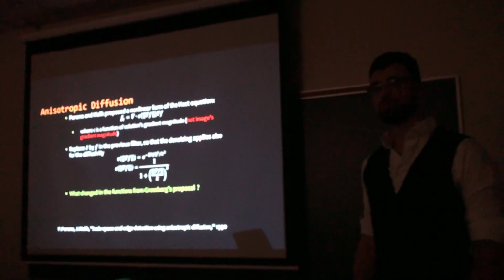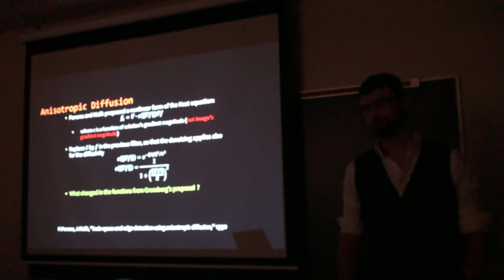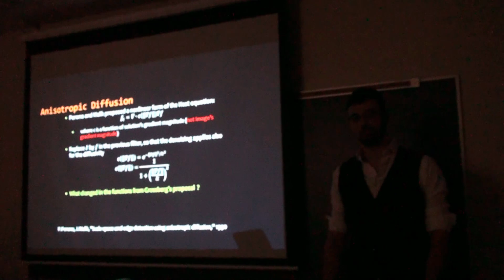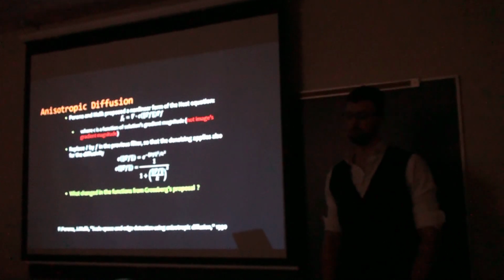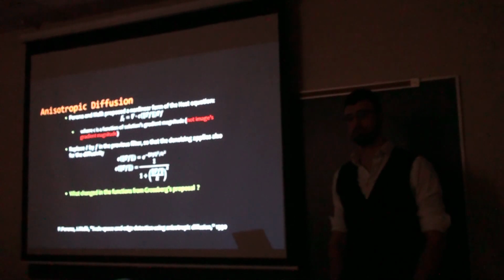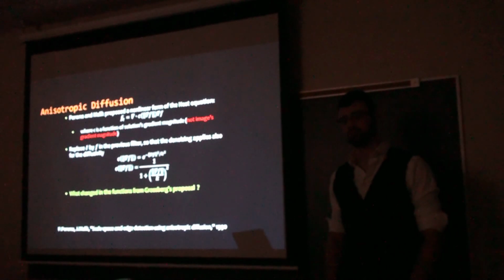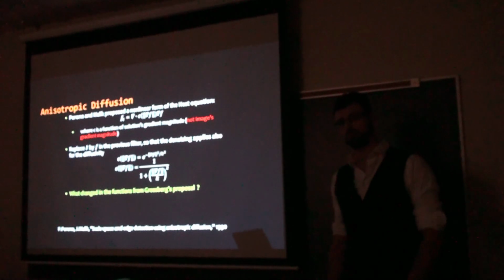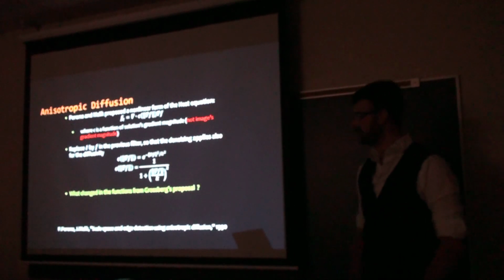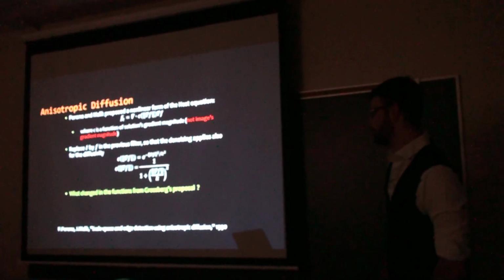But since every time the image becomes smoother and smoother, because this is what those iterations are doing, blurring the image, each time you will get a better, cleaner, less noisy magnitude of gradient. And then use that one as the edge detector for computing the C coefficient. Okay? This is the overall idea number one. Okay, cool. What changes the function from Grossberg?